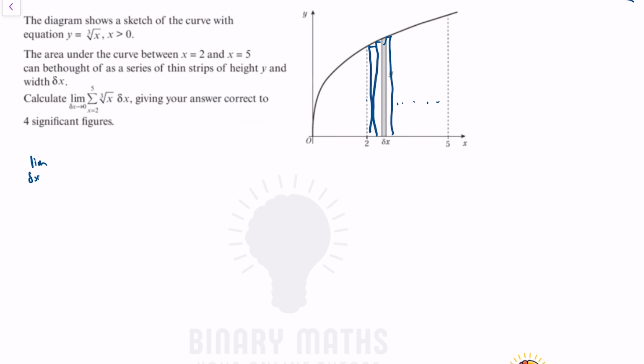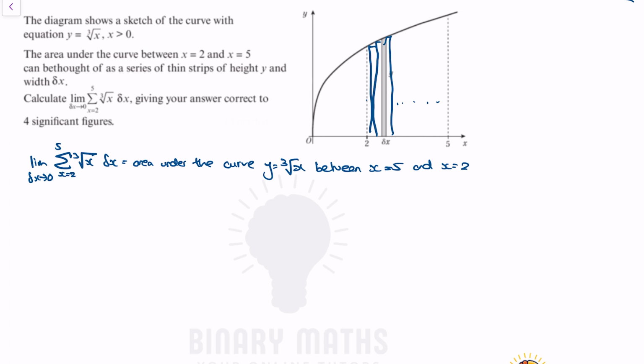So that is the same thing as the area under the curve y equals cube root of x between x equals 2 and x equals 5, which is the integral from 2 to 5 of cube root of x dx, which, if I convert that to index form, is x to the power of a third dx.